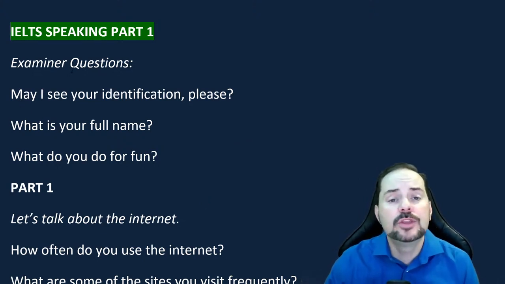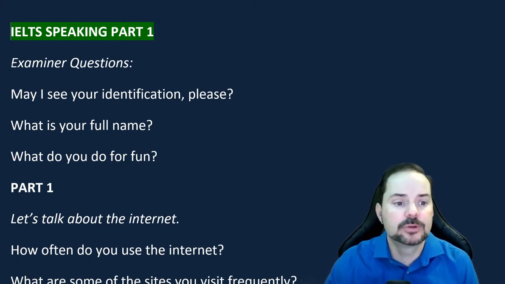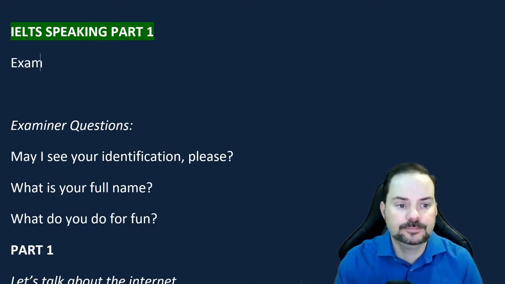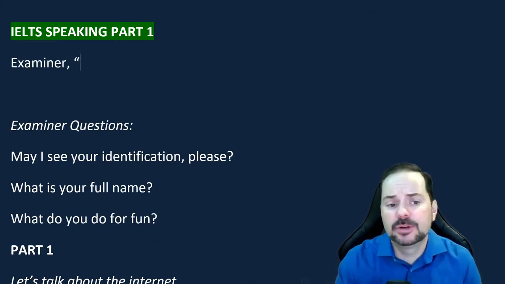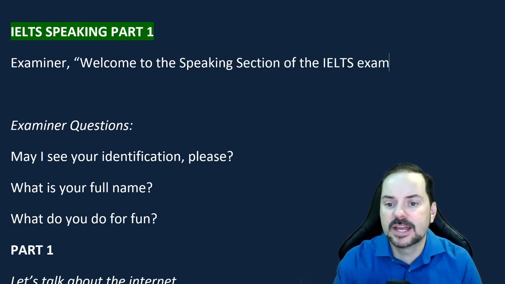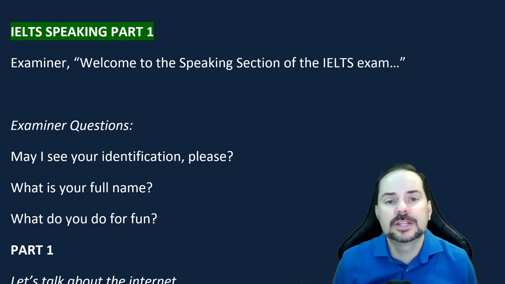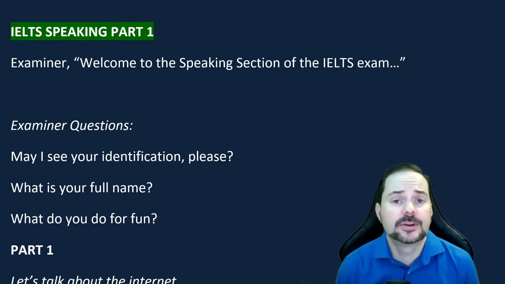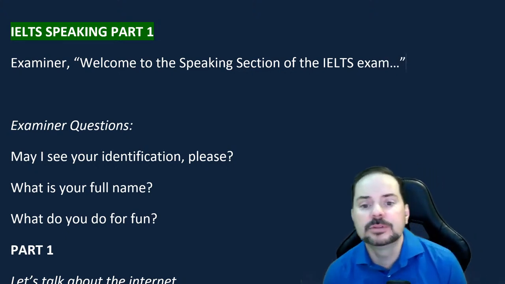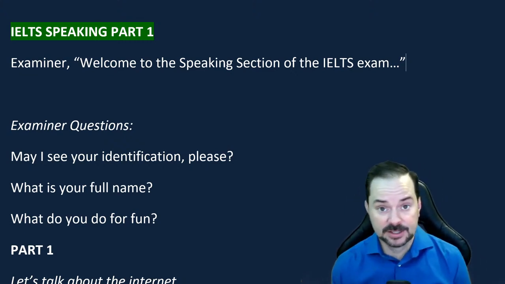Now, when you walk in, the examiner will give you instructions. This is about maybe 30 seconds. It's pretty much standard. It's like they're reading. They actually memorize this introduction part. So they say, welcome to the speaking section of the IELTS exam.